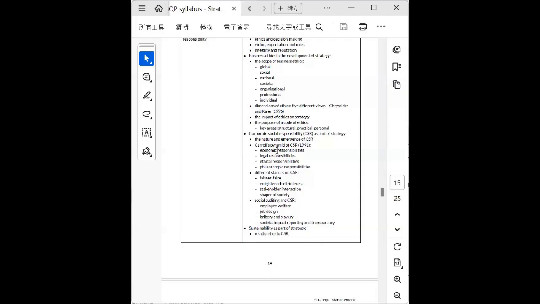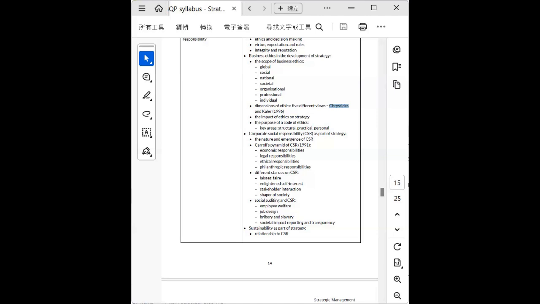So, for example, you have these different dimensions of ethics. For example, the crystals and colors are different dimensions of ethical perspective. You may need to sometimes use some of these models in your discussions, right?